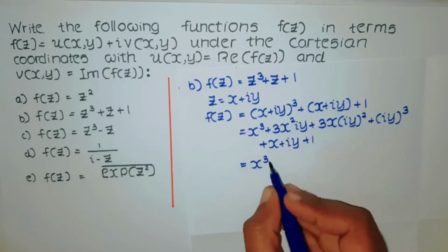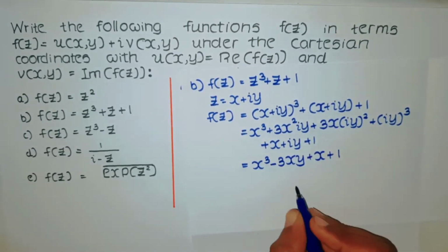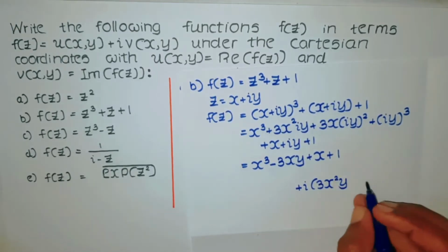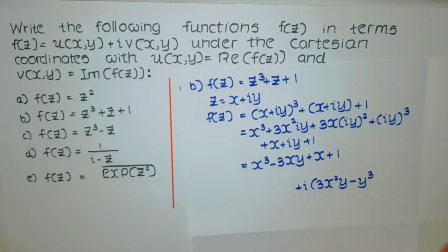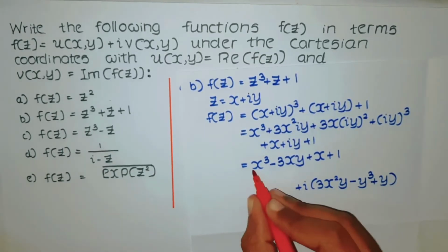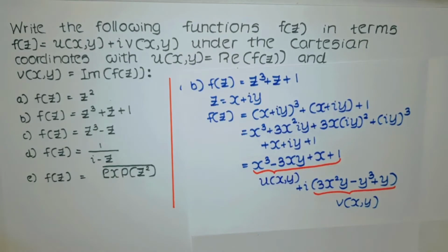Then you can separate imaginary terms and real terms. Then you will get this as u(x,y) and this is v(x,y).